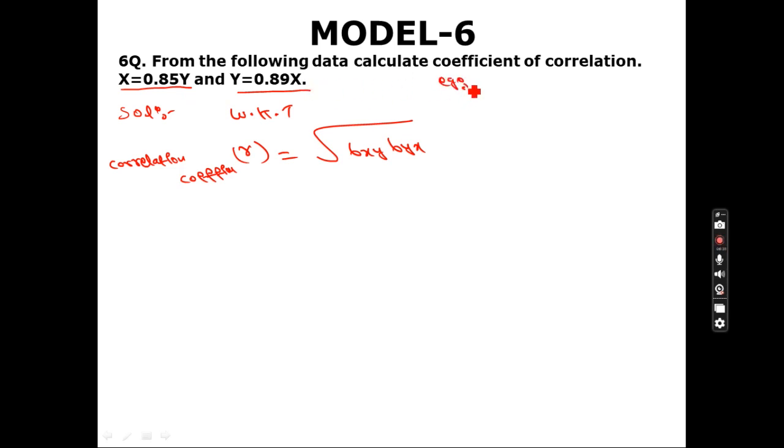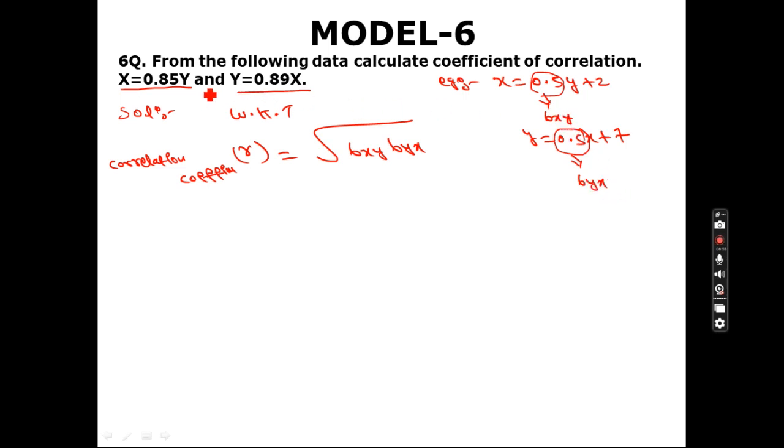Generally, let me take one example here. Suppose I write x is equal to 0.5 y plus 2, just as an example. Whatever the 0.5 is, this is called your bxy. Suppose I write y is equal to 0.5 into x plus 7, I am thinking. This value is called your byx.